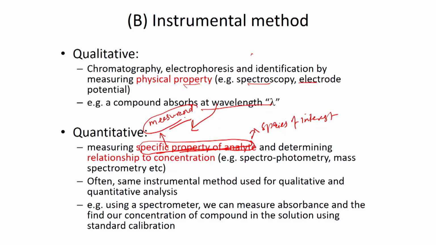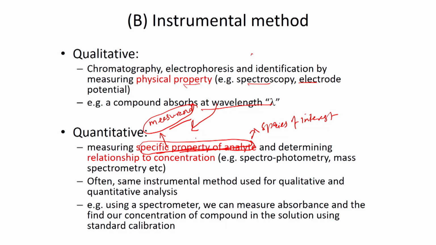There may be more than one property that can give rise to some concentration, but one can be contaminated and the other cannot. So you have to decide which measurand to use. And then you have to determine the relationship with the concentration.